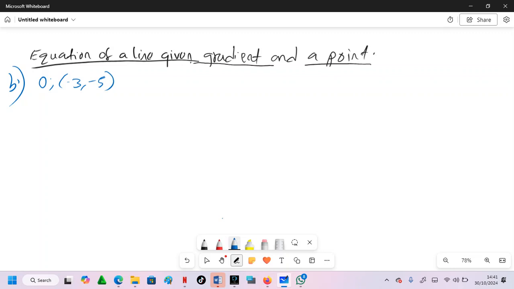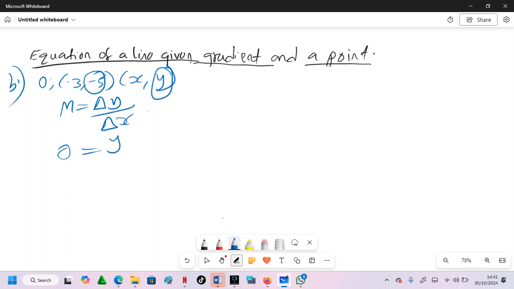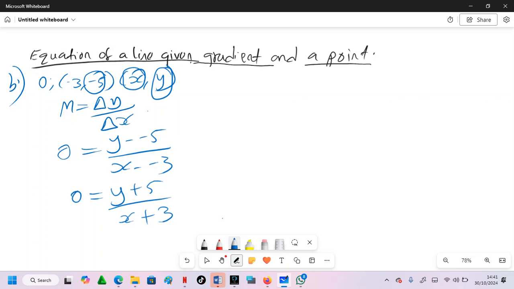We have an imaginary point (x, y), and the gradient is change in y over change in x. Our gradient is 0, so it's y minus negative 5 over x minus negative 3. So 0 is going to be y plus 5 over x plus 3.